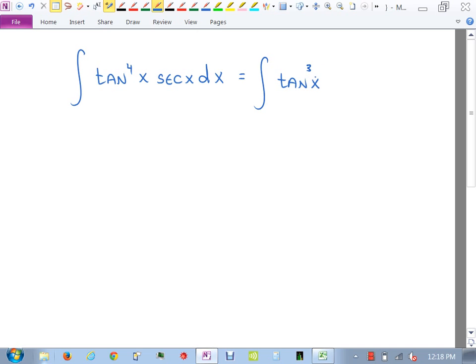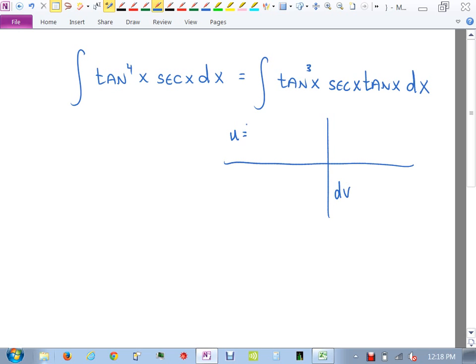So how about this? Tangent cubed x secant x tangent x dx. Integration by parts here. u is tangent cubed here. dv is secant x tangent x dx. Do you agree with that?